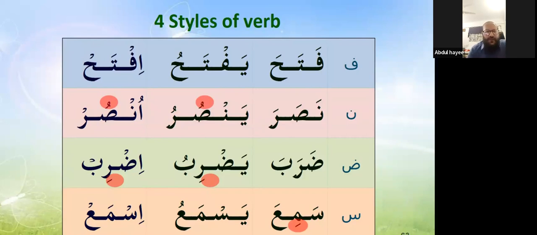And if you know the nasara pattern, nasara, yansuru, unsur, then you can make all the tables of mazi, mudari, and amr of nasara. In the same way, you can make the verbs coming on the nasara pattern, zakara, khalaqa, abada, their mazi, mudari, amr. Then the third pattern is daraba, yadribu, idrib. You have studied only this one verb in QC1. There is no other daraba pattern, so it's easy. You only have to do the mazi, mudari, amr of daraba.